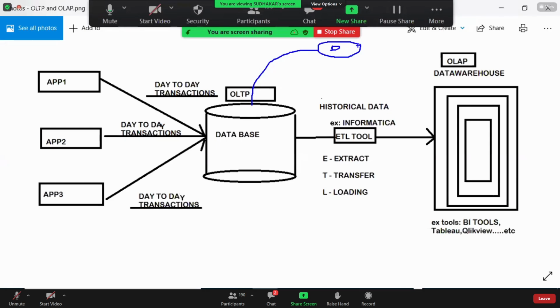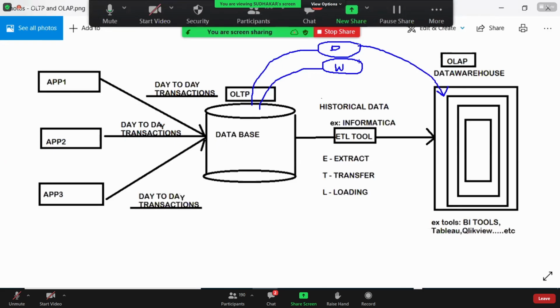Some companies transfer the data weekly. It depends on their business, on how much data is generated per day in their business. Based on that, they move the data from OLTP to OLAP.